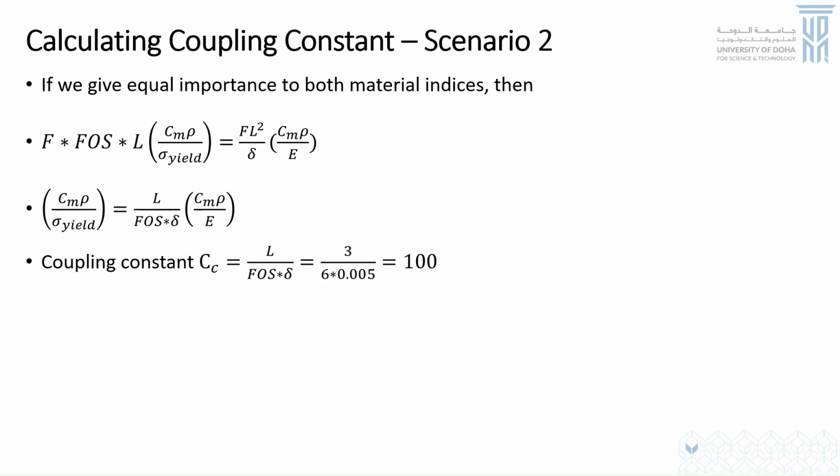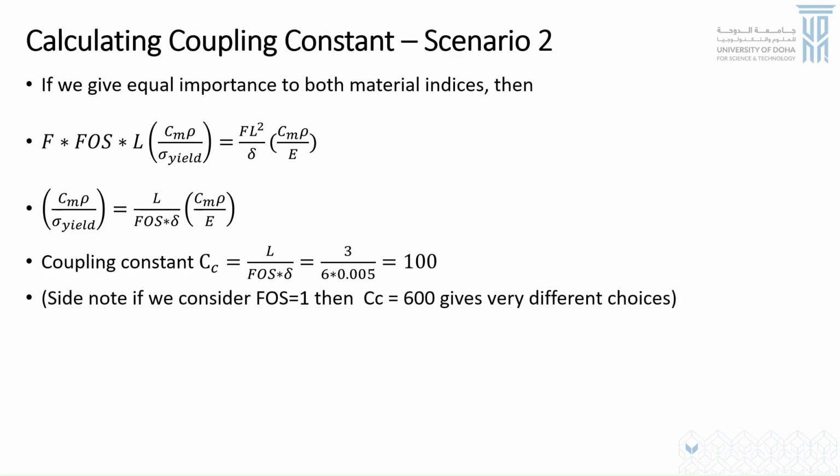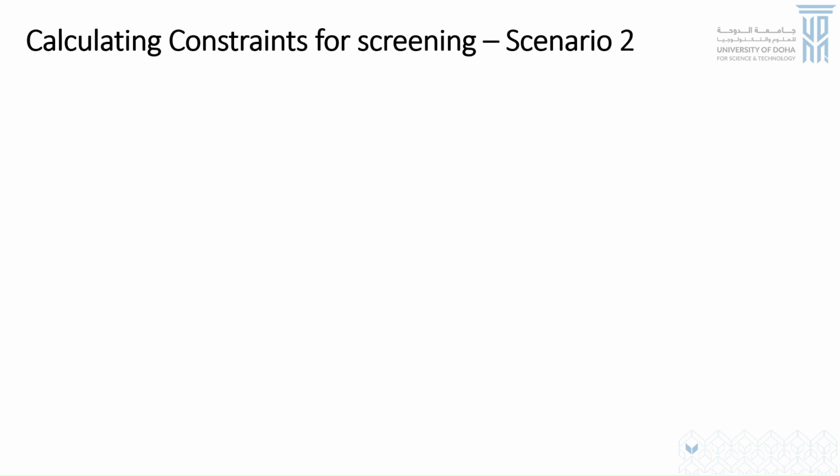But in other situations, you may want to carry out a what-if analysis. So for example, if we just have the factor of safety as 1 and we are not really dealing with a dynamic equation, then the coupling constant will change to 600, and it will give you a very different set of choices for the same problem. So it is important to carefully consider the factors that are involved in determining the coupling constant.